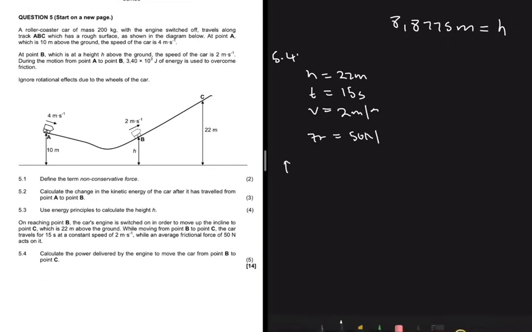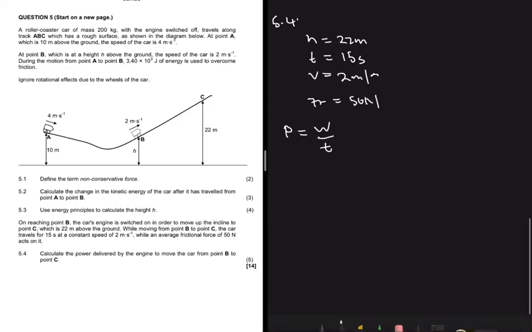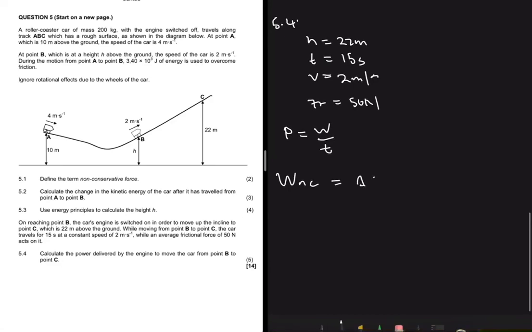So what is power? Power is the rate at which work is done, so that will be work divided by t. If you remember, we had an equation above that says that work done by non-conservative forces is equal to the change in kinetic energy plus the change in potential energy.